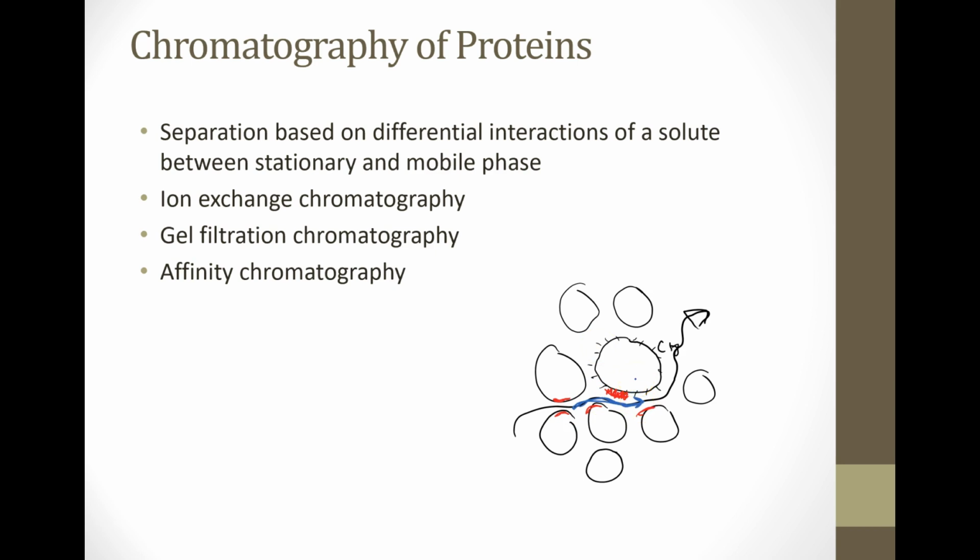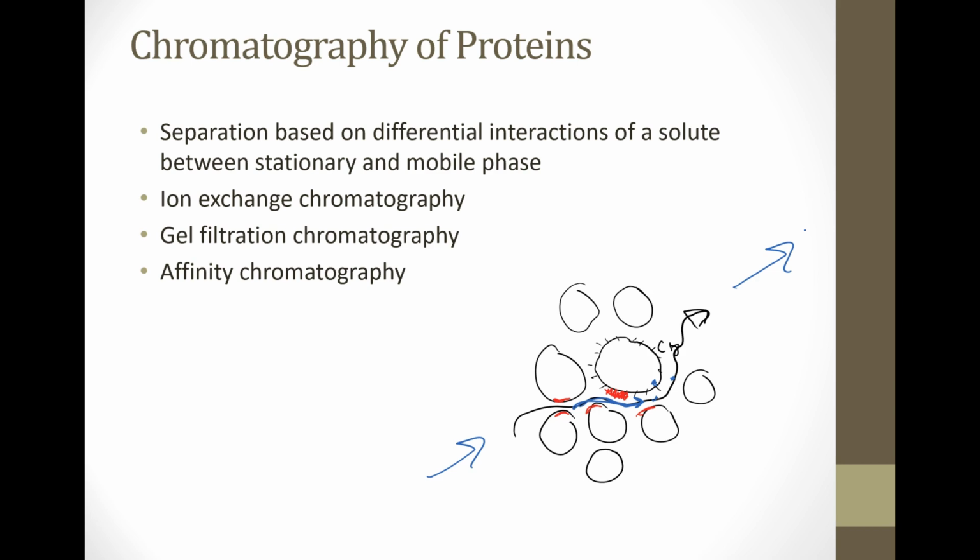And what that does is it creates an equilibrium system where sometimes the solute is on the stationary phase and then it's in the mobile phase. Then it's on the stationary phase and then it's on the mobile phase. And that specific ratio of time it spends between the two phases will determine how quickly it runs through a column. And that's the retention time.